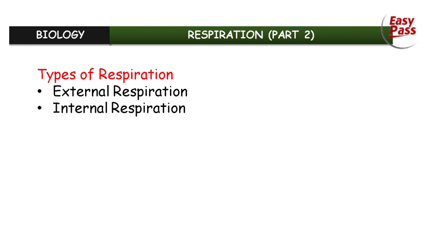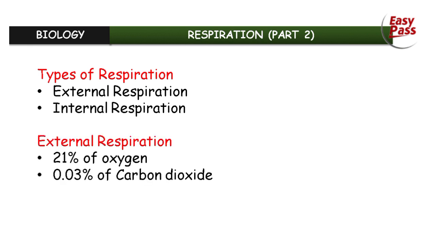While the carbon dioxide content of the air that we breathe in is lower than the carbon dioxide content of the air that we breathe out. So we should know the percentage content of oxygen in the air. According to chemistry and the composition of air, the percentage content of oxygen in the air is around 21%.